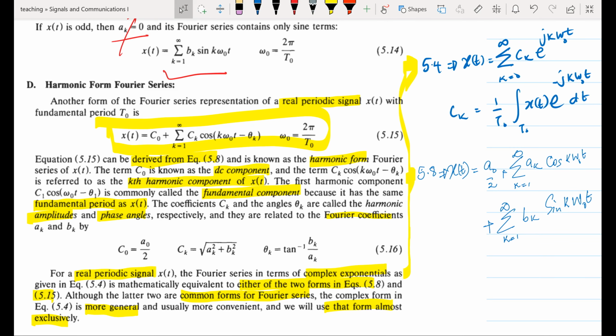We have another way in which Fourier series representation may be accomplished for a real periodic signal, and we are saying that this other way is called the harmonic form of Fourier series.